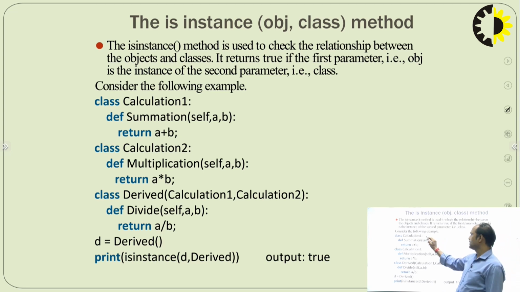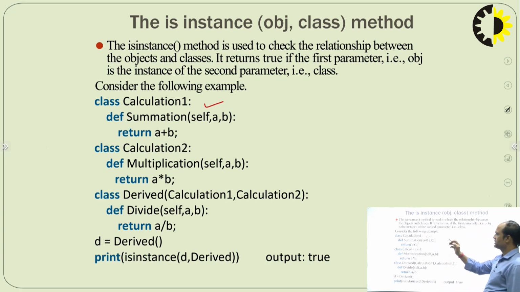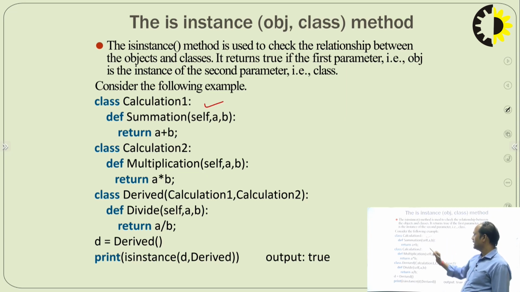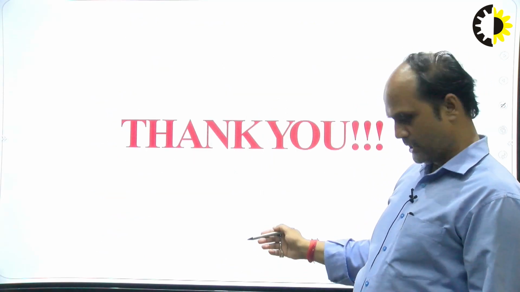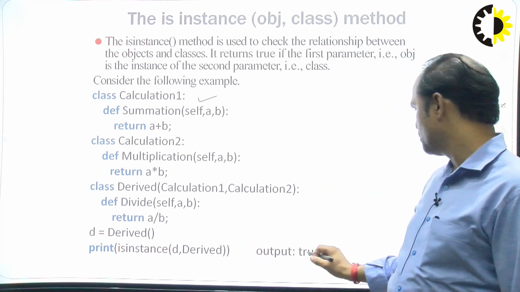Suppose we use the example of calculation 1: we create the class calculation 1 and define the function definition summation self a b c, return a plus b, and in the class calculation 2 we define the multiplication method using the definition keyword, multiplication self a b c, return a into b, and we create the derived class derived calculation 1 and 2, and that particular class is inherited from these two classes, then we can create this particular method and this can be done by the output 2.